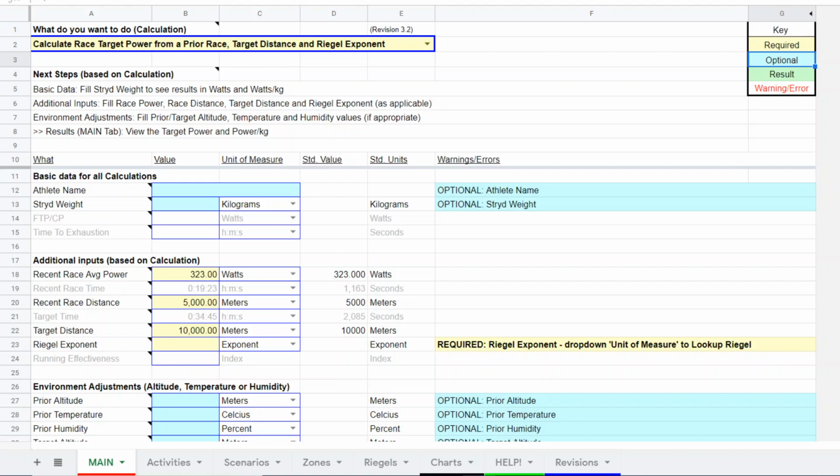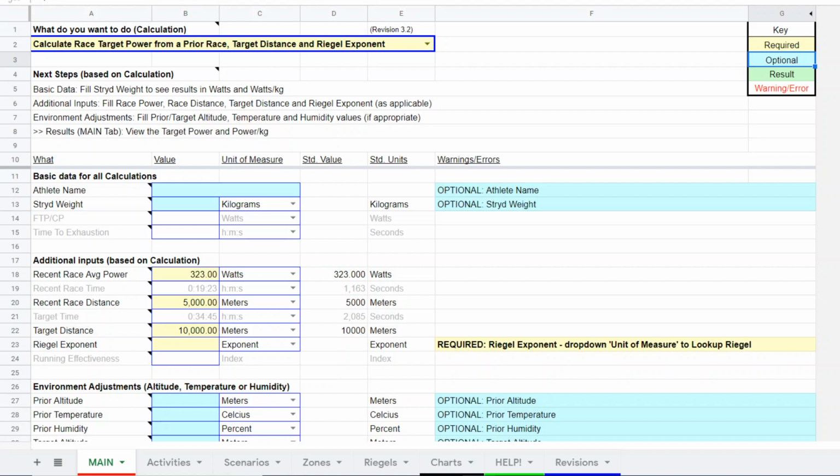The user was doing some race power estimations using the available calculators on the Stride app, and was getting some weird figures, actually powers that were higher than his 5K power. And there were also some questions about what his CP was.